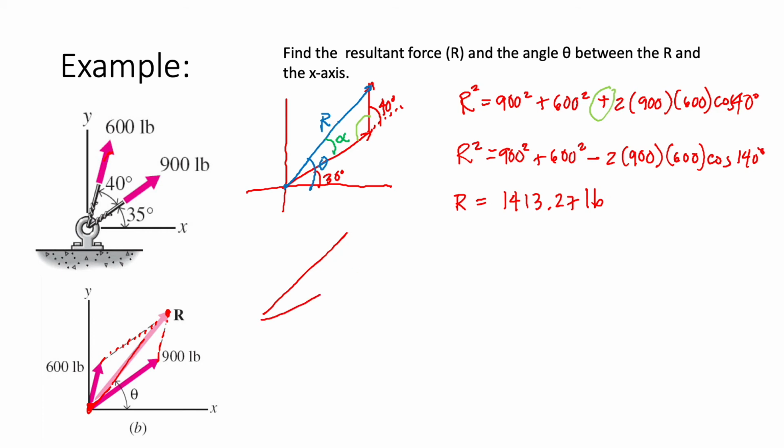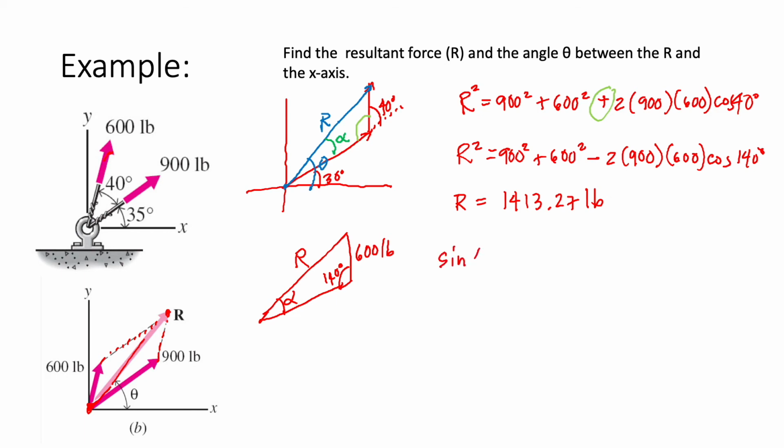If we have a triangle here, this is alpha, and this is 140 degrees, and we know the value of r, and we also know the side opposite the angle alpha, which is 600 pounds. So we can get alpha using the sine law.